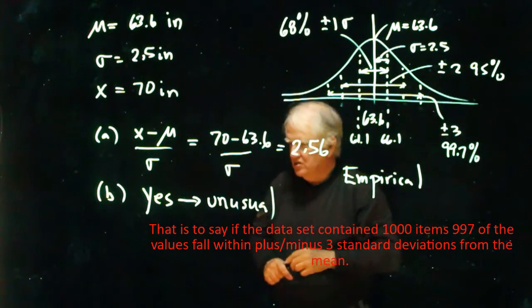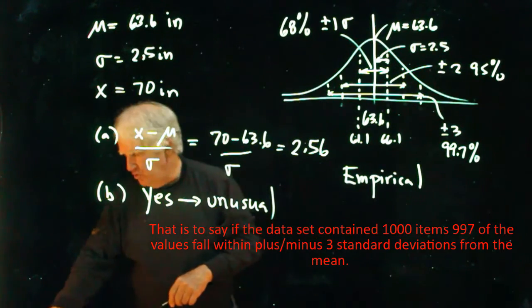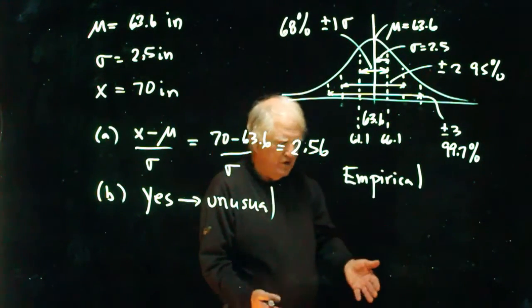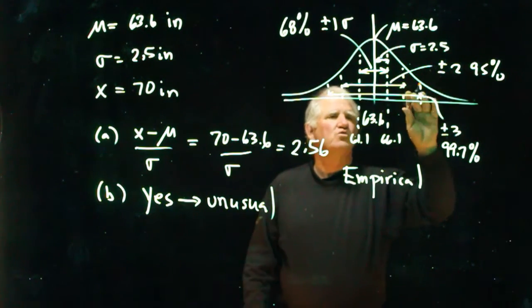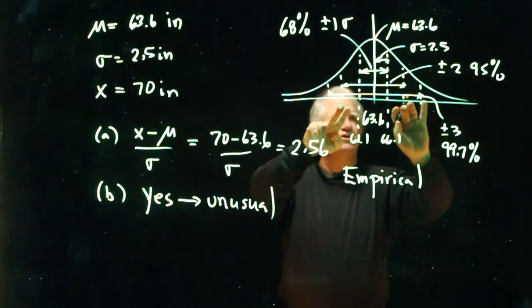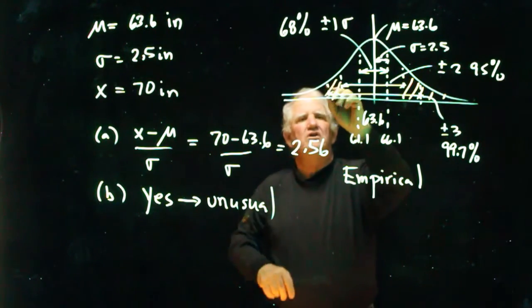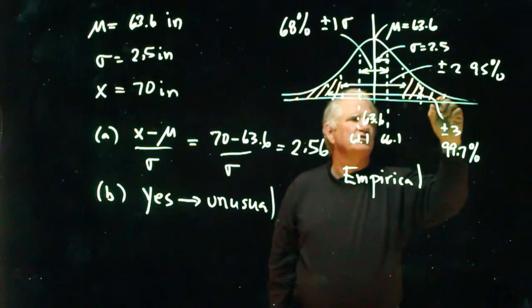So you can start to understand why you might choose sigma equals 2 as the sort of demarcation between usual and unusual, because in this regime right here, outside of plus or minus 2 sigma, all that you have left, despite how I've drawn this here, is 5% of the data.